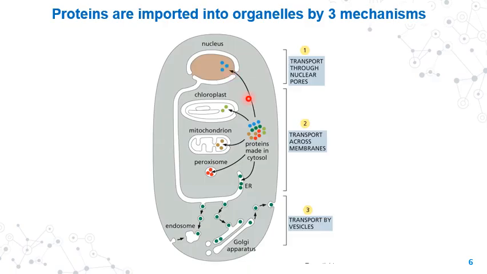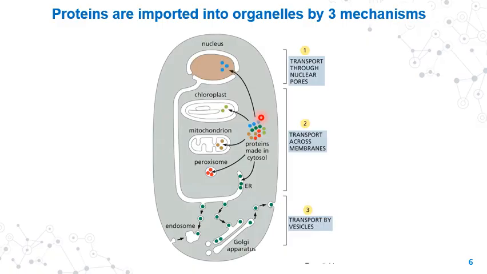And then we see the other types that we covered before, such as transport into mitochondria and chloroplasts. In these types of transport, the protein in the cytoplasm has to be stretched out and squeezed through those translocators, and then folded up again when it reaches its destination.